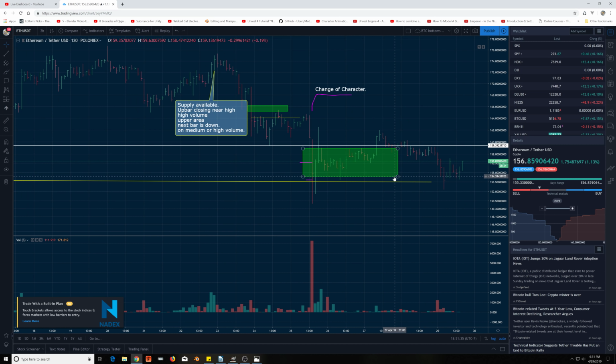It hit my target box here for a spring, and it went way down, which is awesome. That's because it's doing a shakeout. It's trying to shake the weak hands out. There'll be another video of what's going on here.